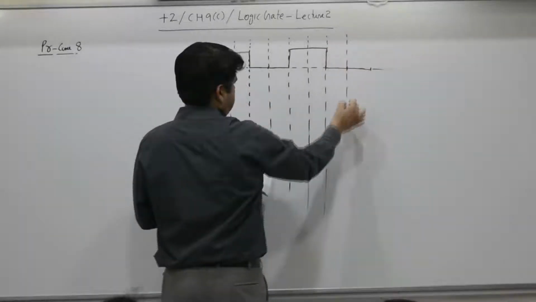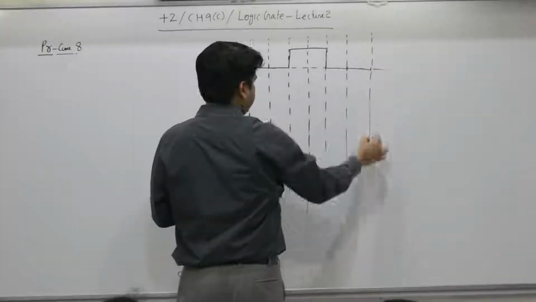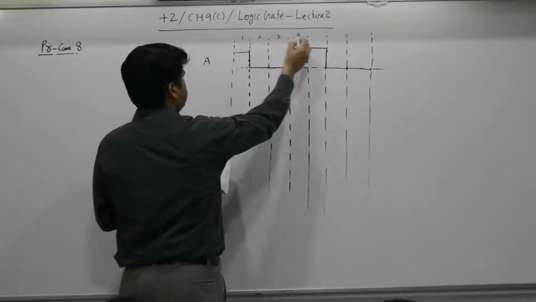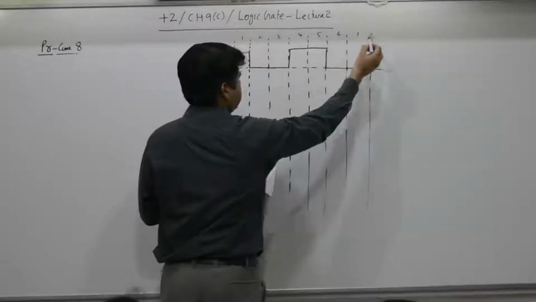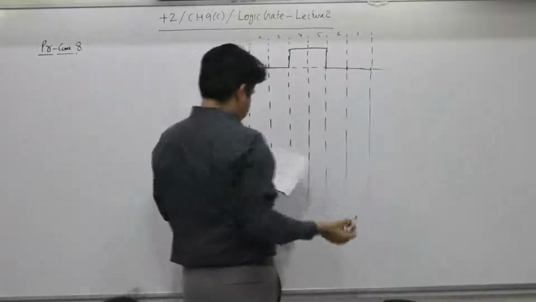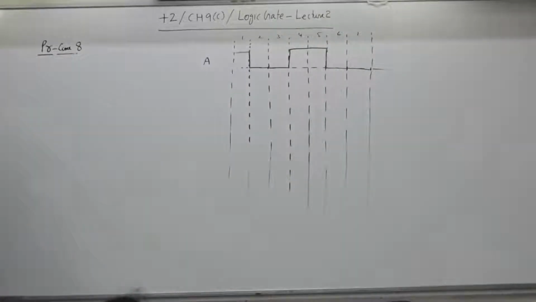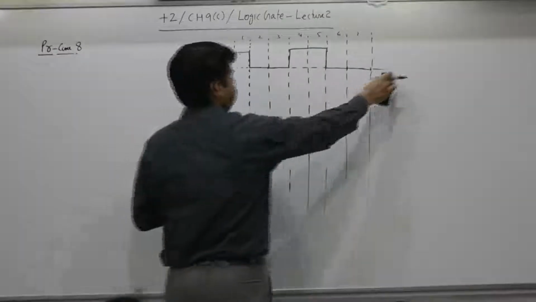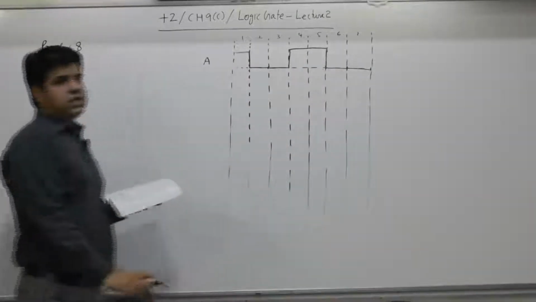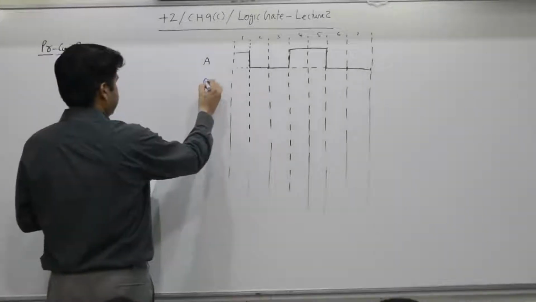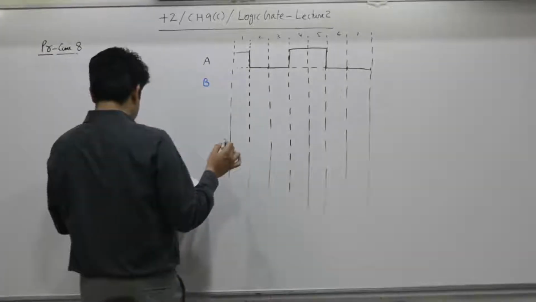So let me say we are talking about how much time? 1 second, 1, 2, 3, 4, 5, 6, 7. 2 seconds. Yes, last 2 seconds. That means up to this. This is how A varies. Then B varies like this.